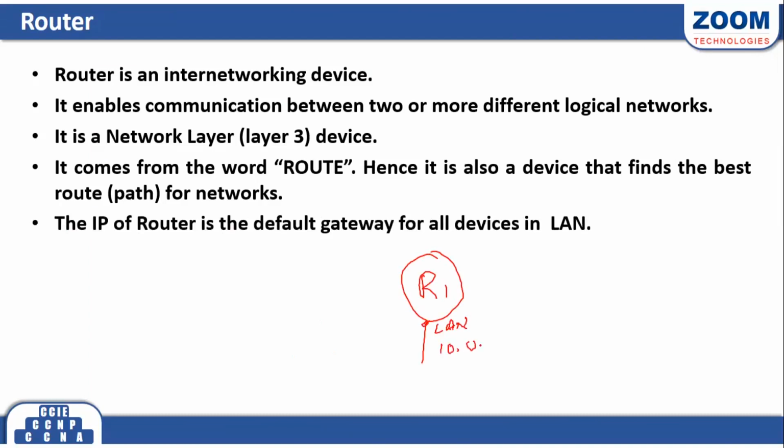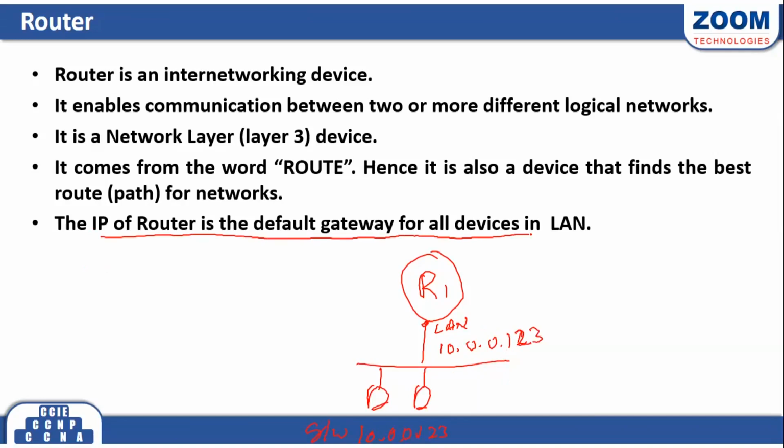Say if you have assigned the LAN port IP address 10.0.0.1, the first usable IP address, then all LAN users' default gateway will be 10.0.0.1. Or if you assigned the router IP address 10.0.0.123, then the gateway will be 123. So whatever IP address you assign, the IP of the router is the default gateway for all devices in the LAN.